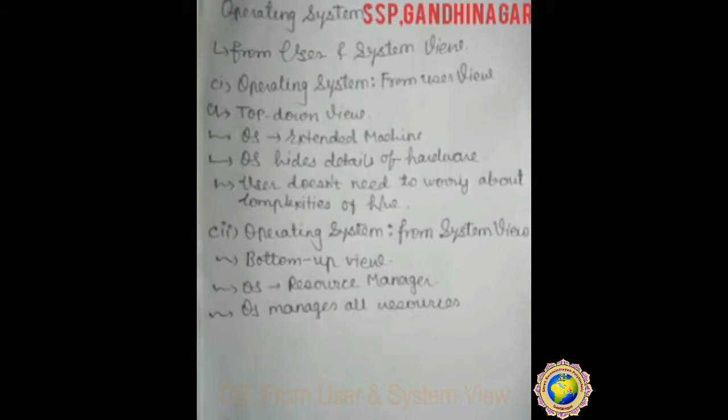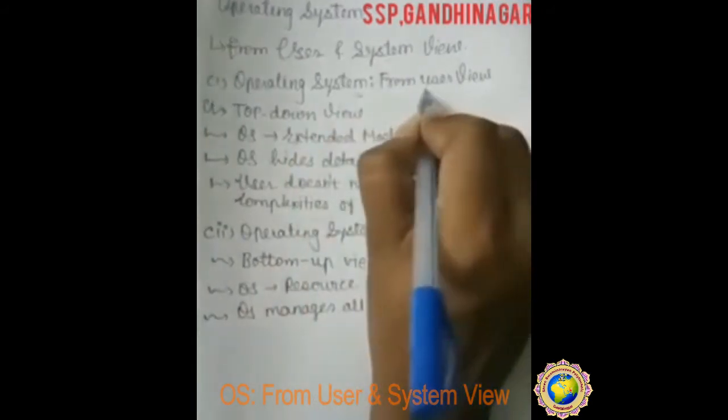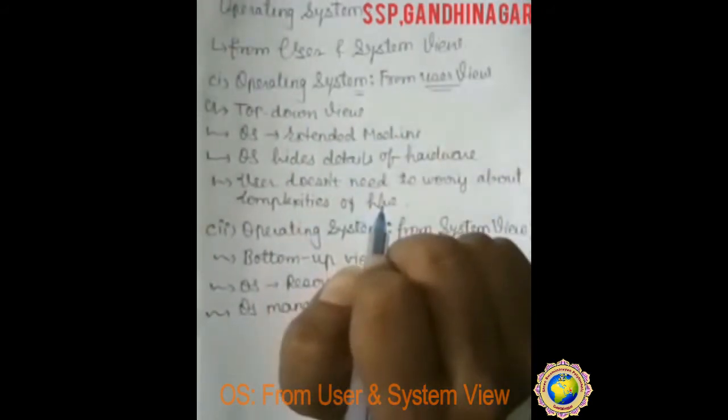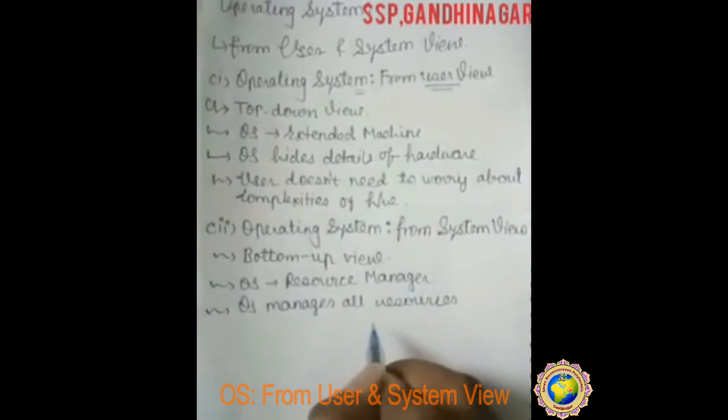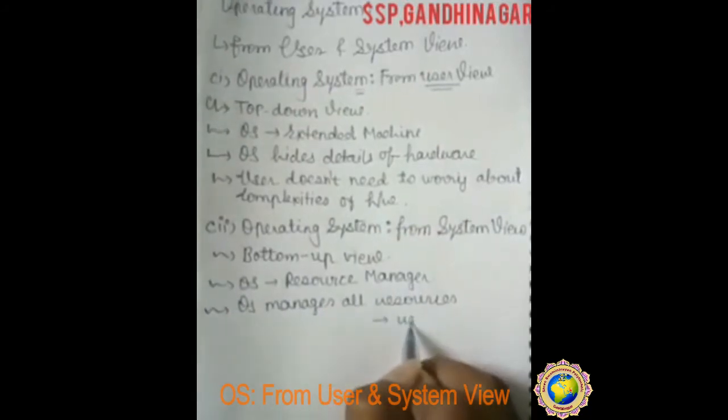Today we are going to see the topic: operating system from the user and system view. First, operating system from the user view. We have seen this chart. First, that is the user.